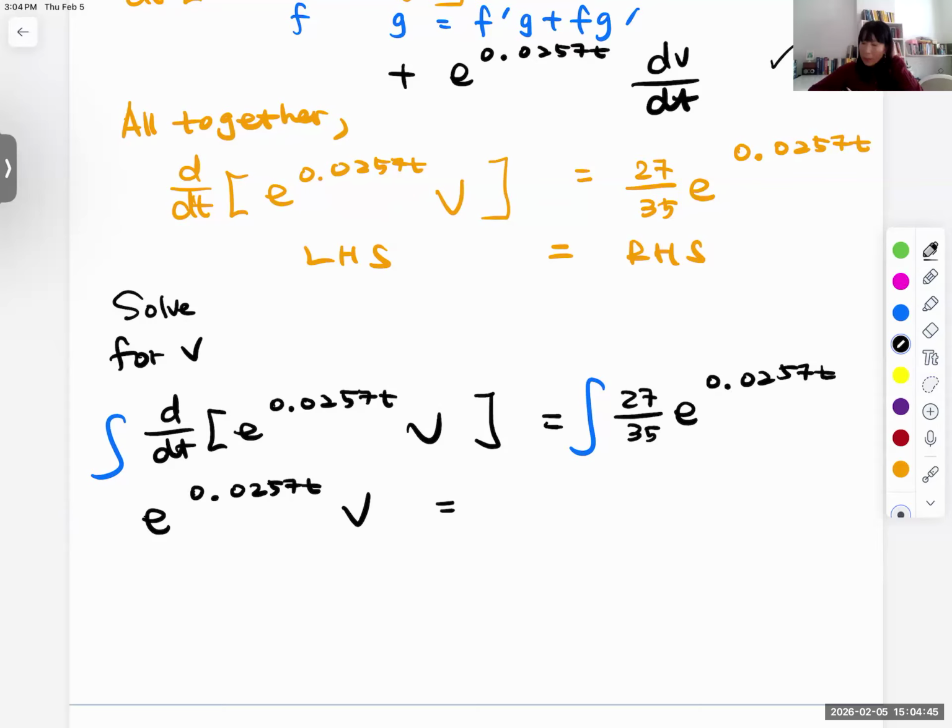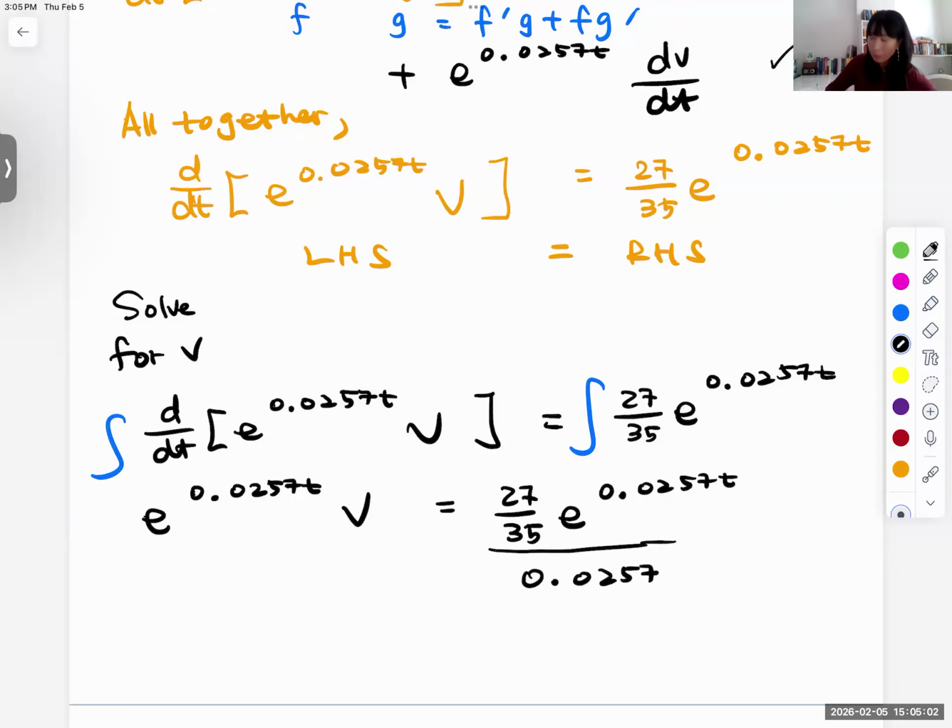How about the right side? 27 over 35 e to the 0.0257t, and then the integral is also divided by the new power, 0.0257, right? Plus C.